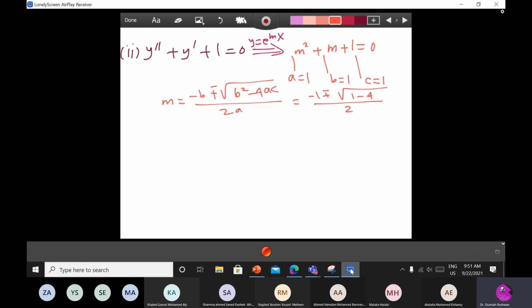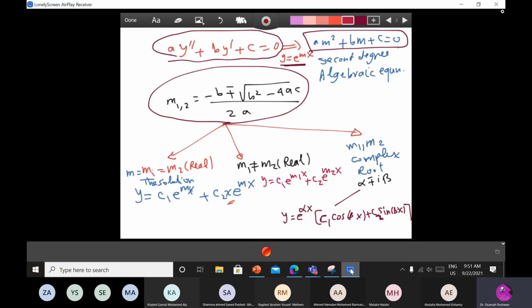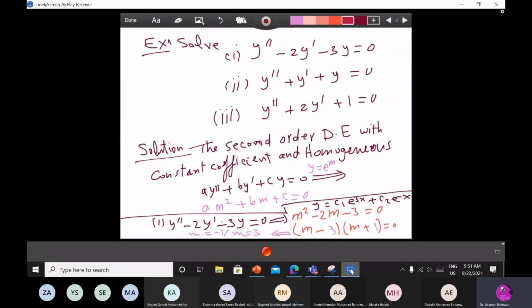So you end up with minus 1 plus or minus root of minus 3 over 2. This is root of 3 times i. So minus 1 plus or minus i root 3 over 2. So this is which case? Third case. This is the case when you have a complex number, right?